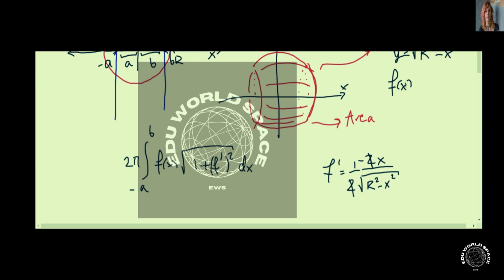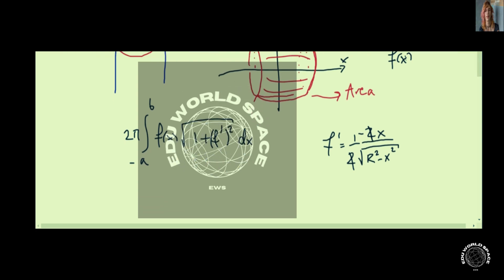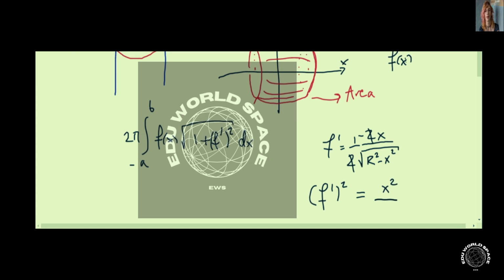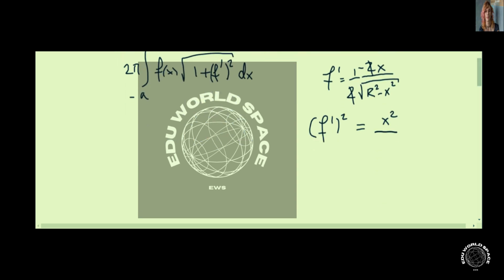So the 2s cancel, and f prime squared would be x squared over r squared minus x squared.